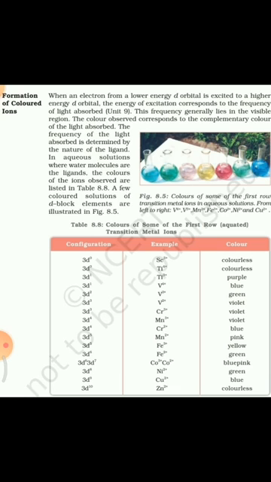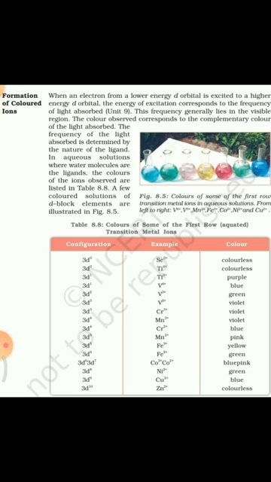In isolated gaseous metals, that is in the isolated gaseous atoms, all the 5 d orbitals of the metal are degenerate. That means they have the same energy.